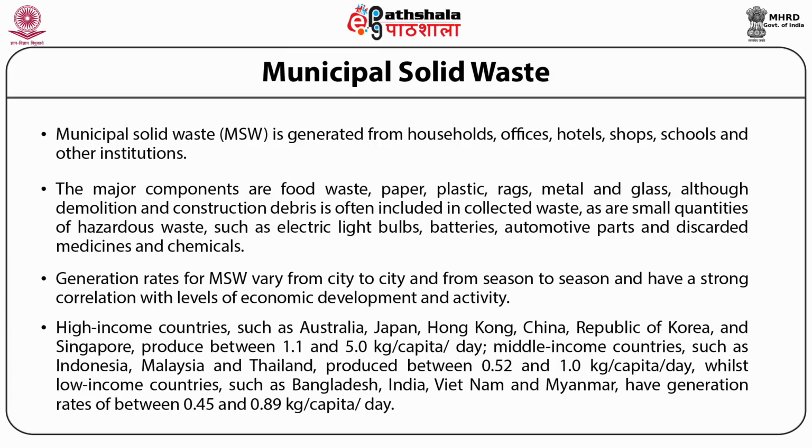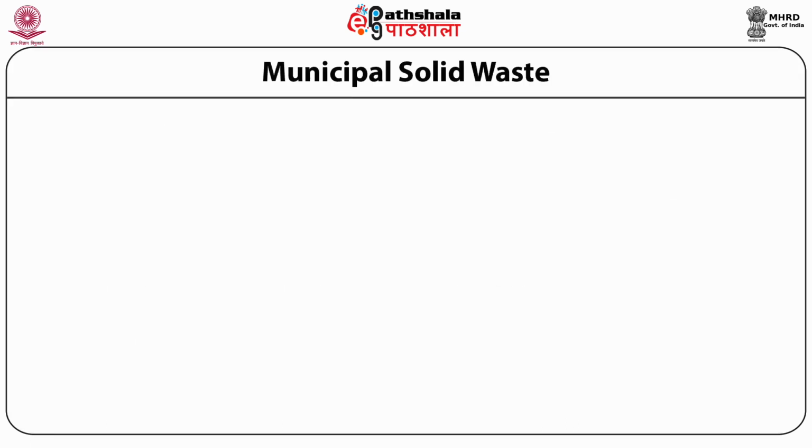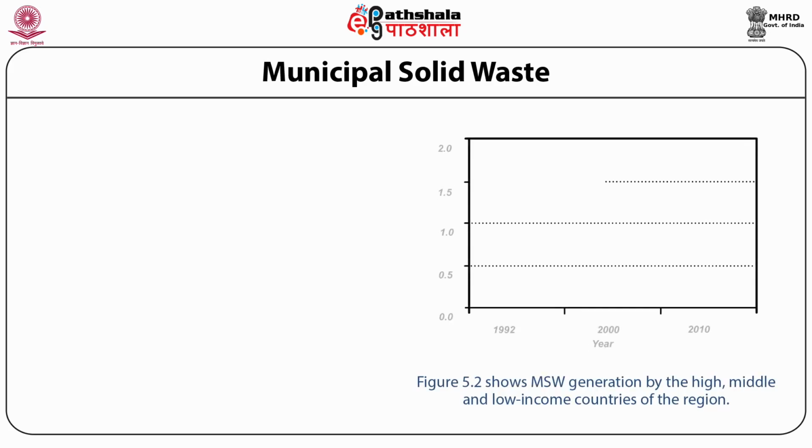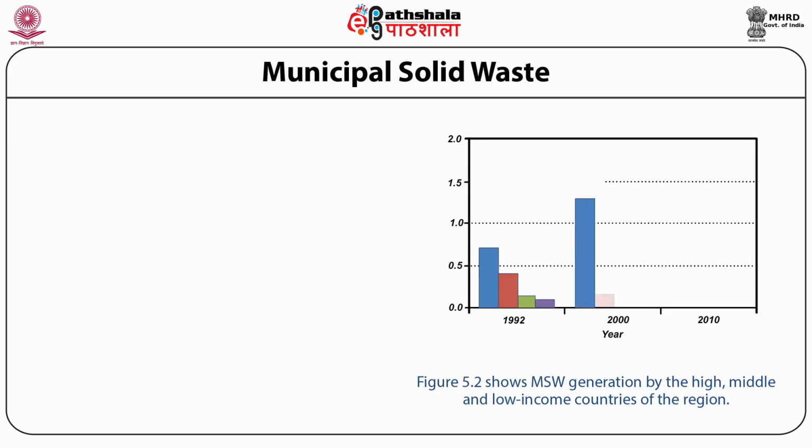Middle-income countries such as Indonesia, Malaysia and Thailand produce between 0.5 and 1.0 kg per capita per day, whilst low-income countries such as Bangladesh, India, Vietnam and Myanmar have generation rates of between 0.45 and 0.89 kg per capita per day. Now students, you can see a bar graph in the video which shows the MSW generation by the high, middle and low income countries of the region.